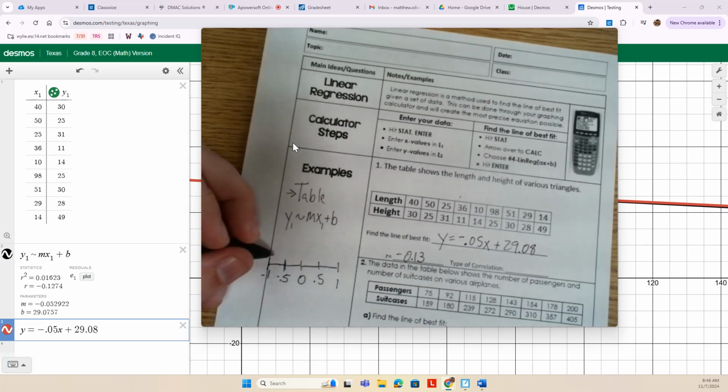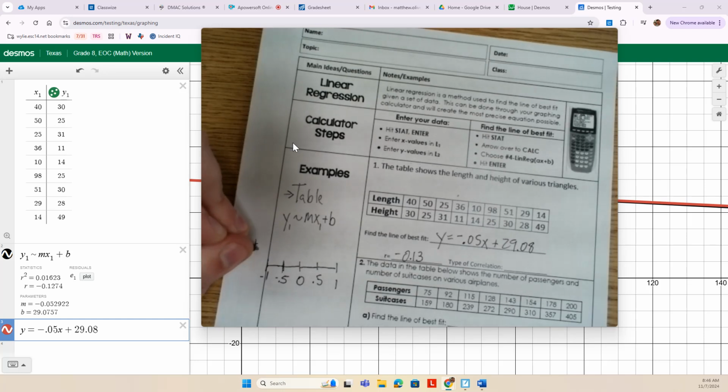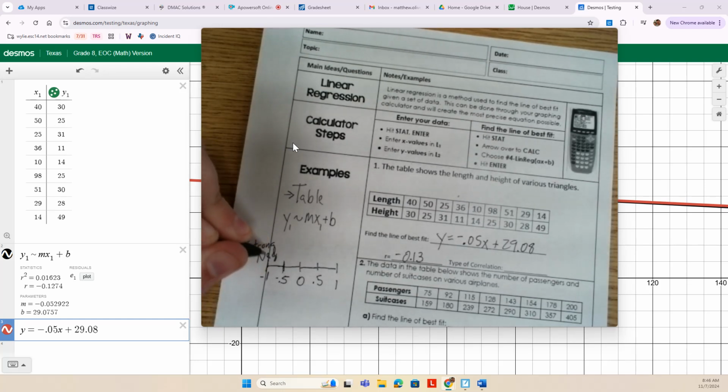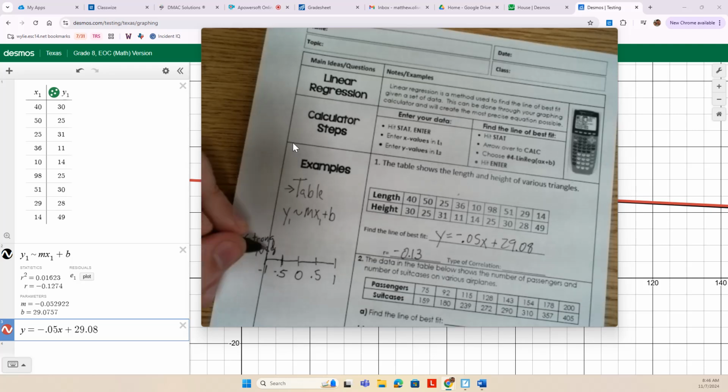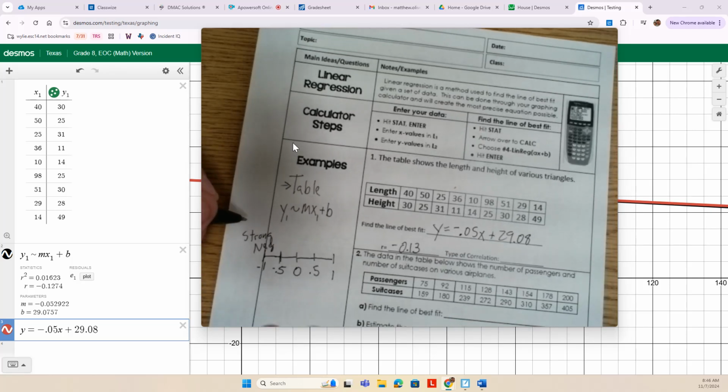If it's way down here, so if I have a negative 0.99 r, that's a strong negative. That would mean the points are really close together with a negative relationship going down.